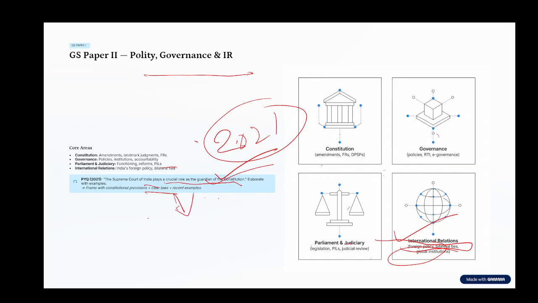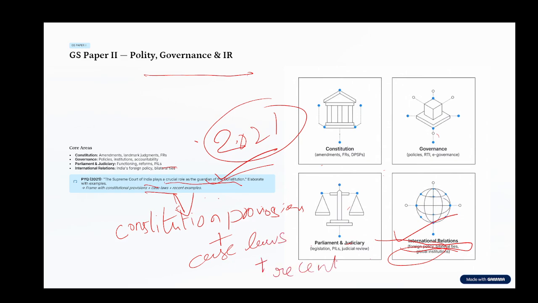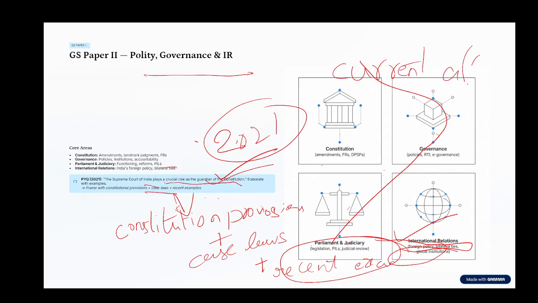Here we have to map constitutional provisions, which come under polity, with case laws and with any recent examples that happened. It will be known in current affairs, right? So why does it matter is this.